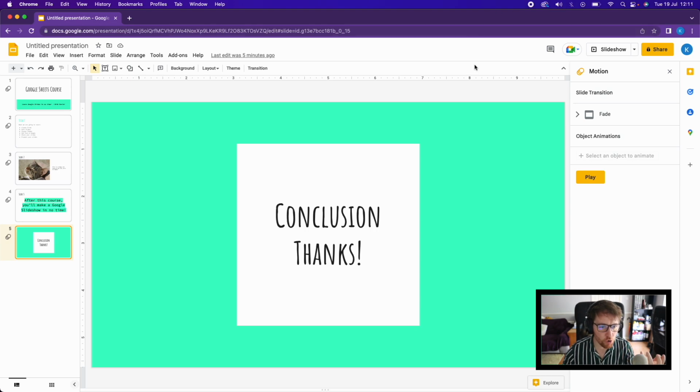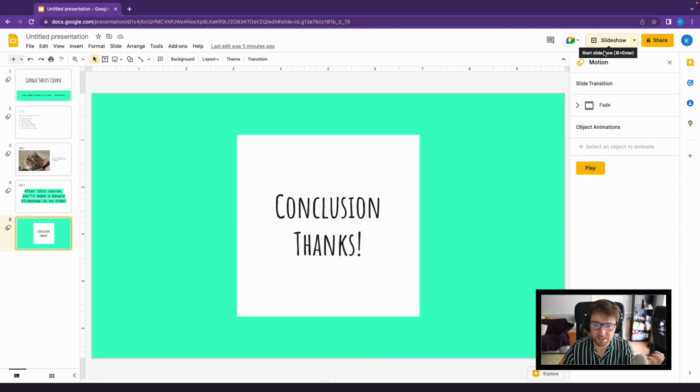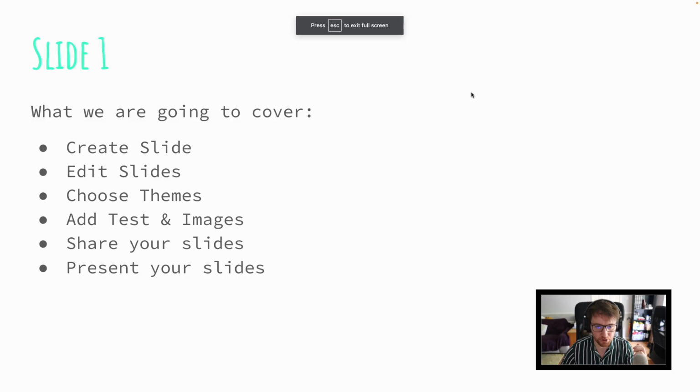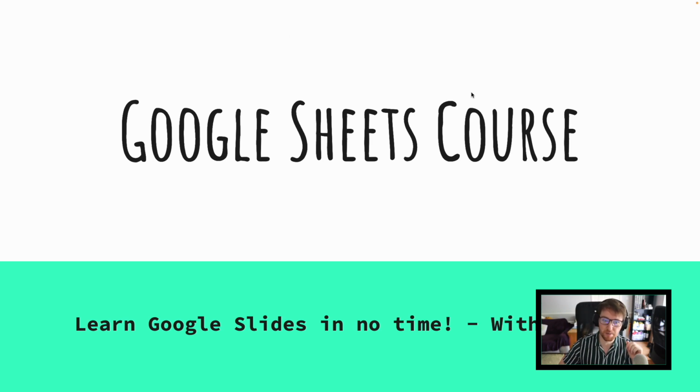So to show your slideshow to others, we could use the slideshow option here to start the slideshow. You have 2 options here. You can click start slideshow and basically use the arrows on your keyboard to present it.